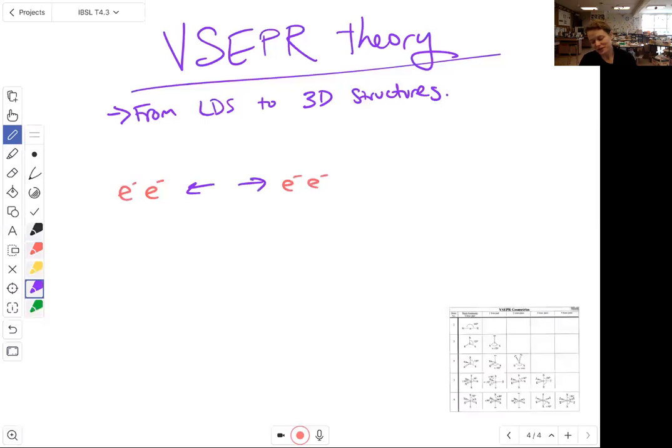But what VSEPR theory tells us is how that then determines the shape of molecules, because if we have a molecule like methane, right, let's remember that each of those bonds is in fact an electron pair, right?